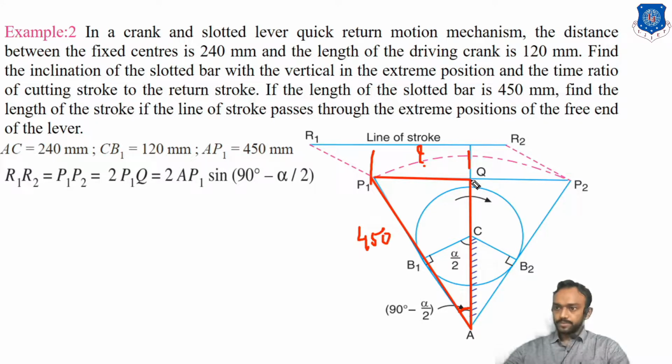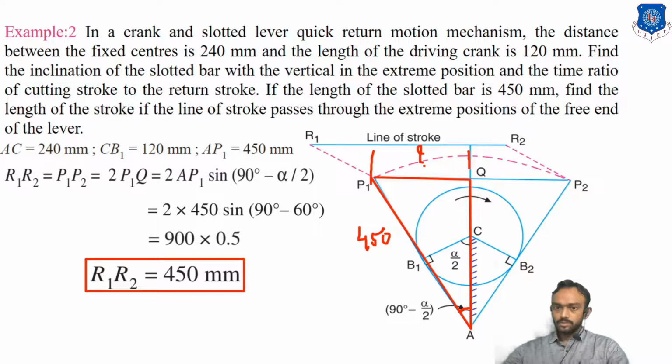Okay, and angle is known, so we will find this distance. Check this. Okay, so this is a very simple example. We have to consider this triangle. Okay, so there is also another example in our book, so practice that. Okay, if any query, ask me.